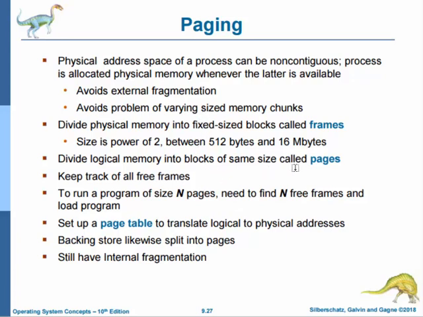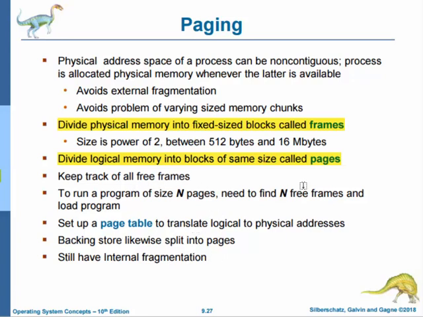That's the difference between the two. When you divide the physical memory into fixed-size blocks, they are called frames. But when you divide the logical memory into blocks of the same size, they are called pages. So when a process is to be executed, what happens?